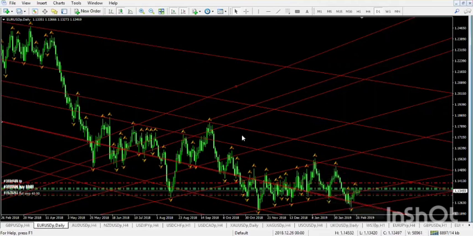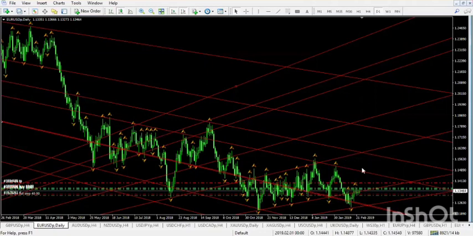So for example, right here, or this area here, anywhere you see a crossover, these are the points where you can trade on easily.